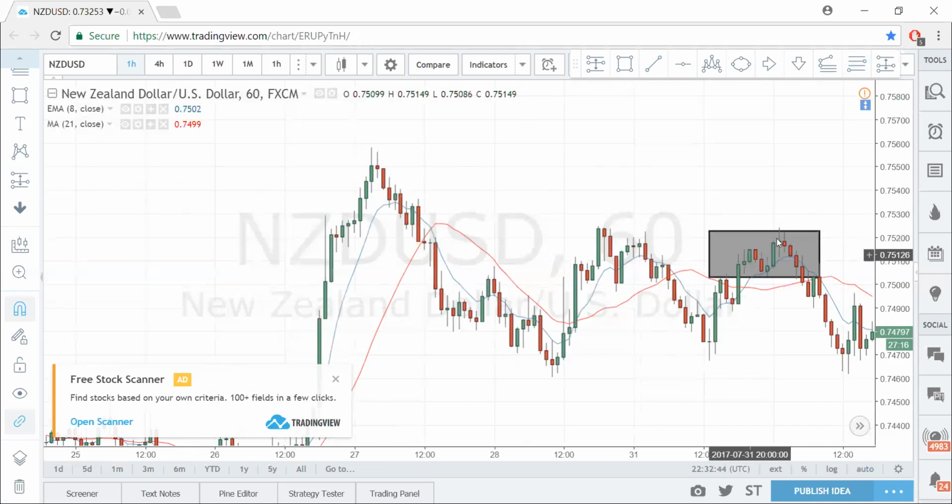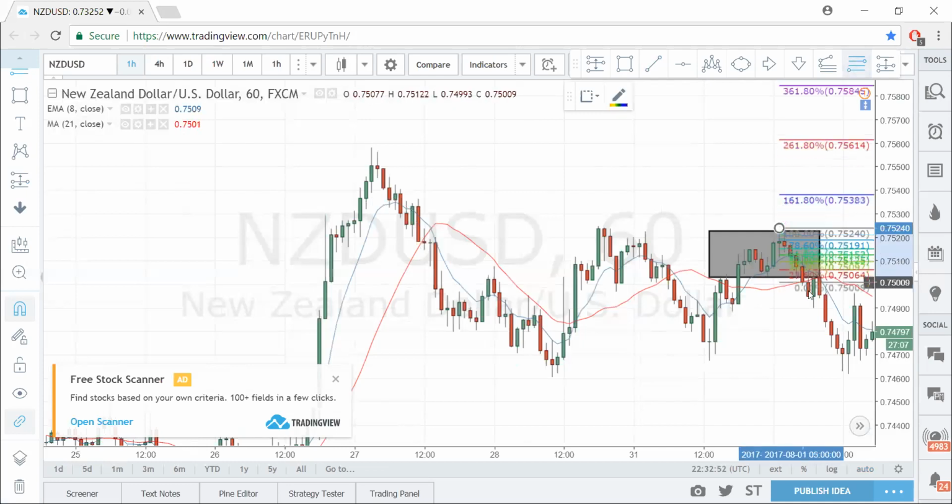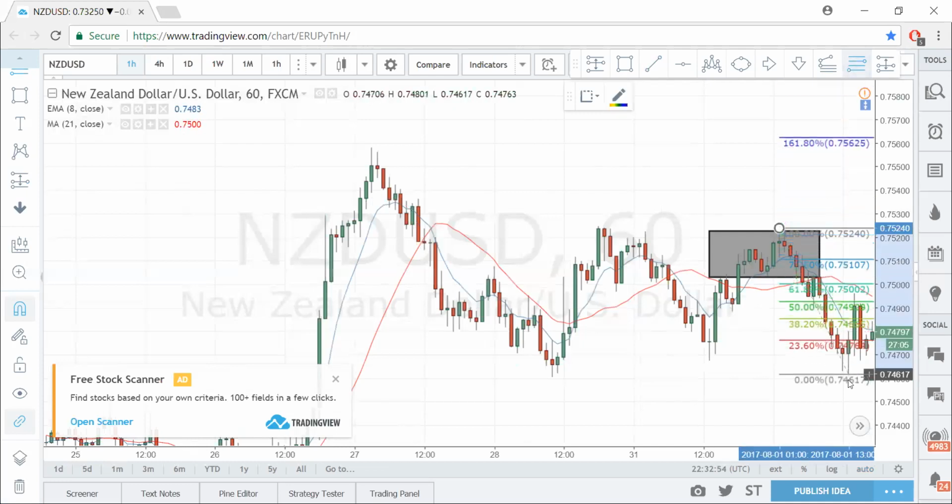Now, after this consolidation, market gave us an impulse move, right? So this was the impulse move. Do you see it? Now, market decided to turn here. With market turning here, market went all the way up and stopped at where? 50. Do you see it?